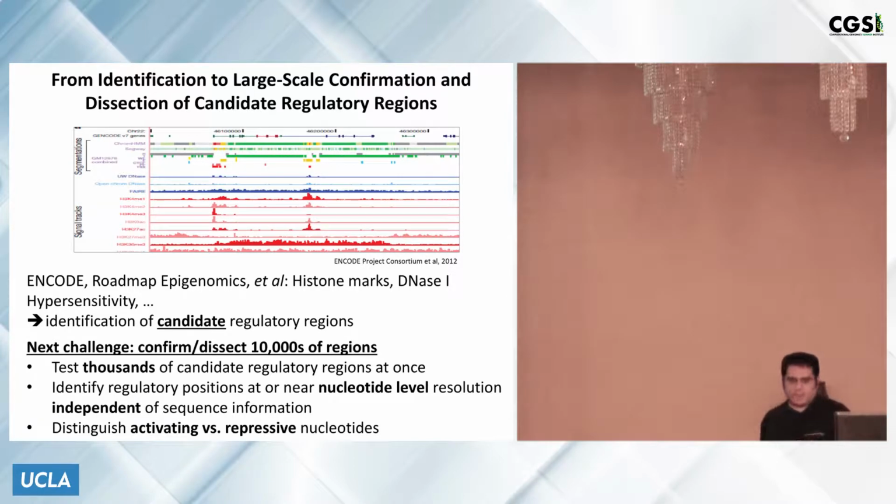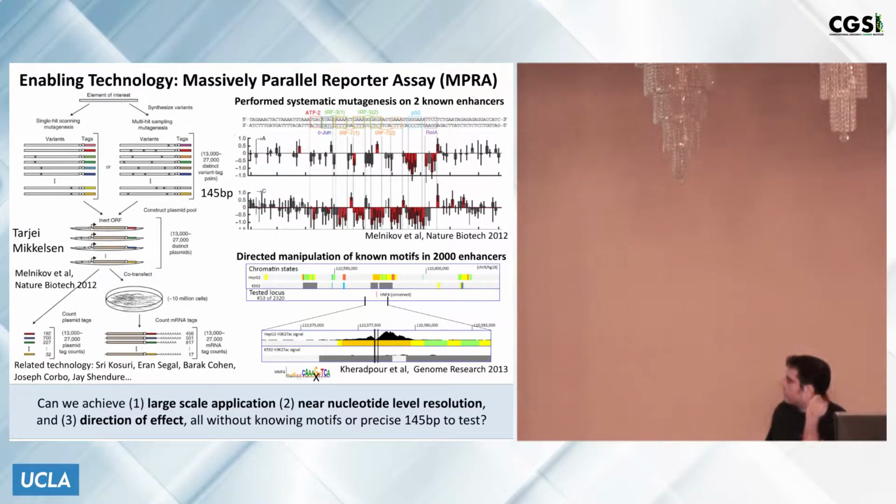But we would want to test them in high throughput, and not only test them, but dissect them at a high resolution, to identify where the activating and repressive nucleotides are. We're going to focus on doing this independent of sequence information. There are a lot of strategies leveraging sequence information, but we're trying to come up with an orthogonal annotation and to differentiate activation from repression. And we're trying to do this for thousands of regions at once.